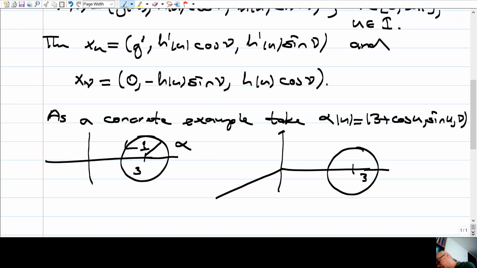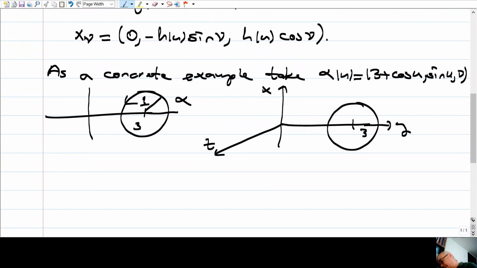Okay, so this is the x-axis, this is the y-axis, and this is the z-axis, and I rotate it about the x-axis, and what we get is a torus like this.